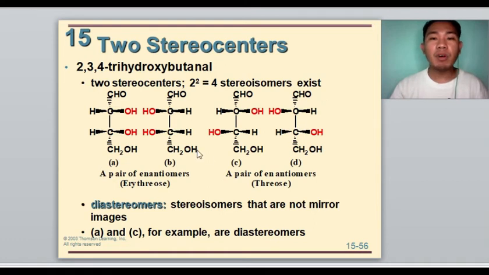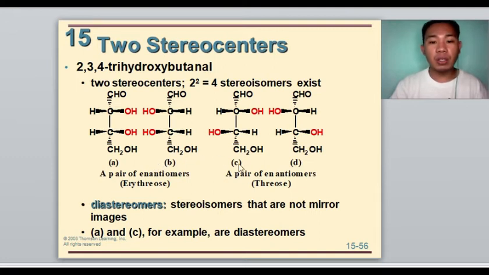So the maximum number of stereoisomers possible for this molecule is 4, each of which has been shown in this slide. Notice that the stereoisomers A and B are non-superposable mirror images and are therefore a pair of enantiomers.